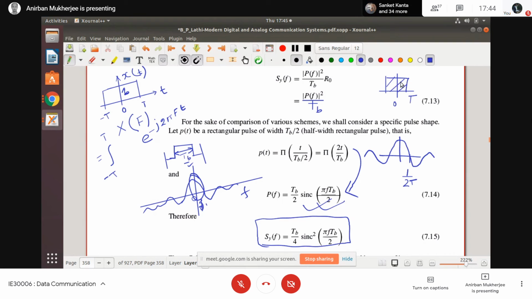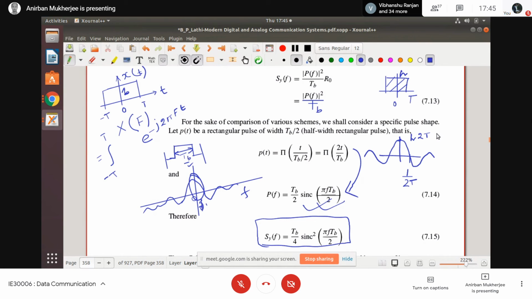The area is height h into 2T, so this value will be h into 2T. If you do these steps, it will come.